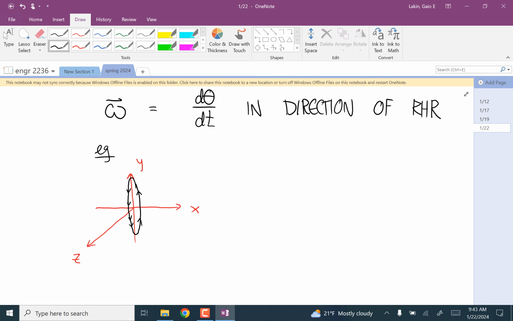The way I'm visualizing this is it's going back into the page to go up and then circling around to the front of the screen to go down.